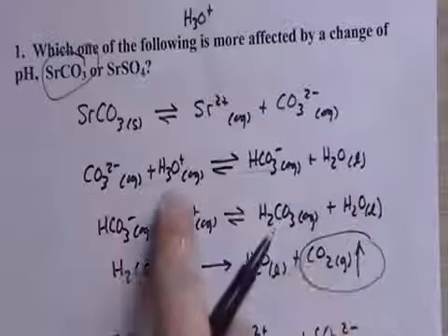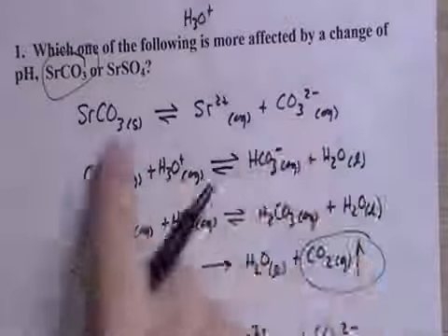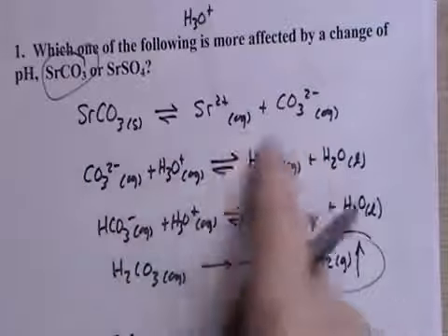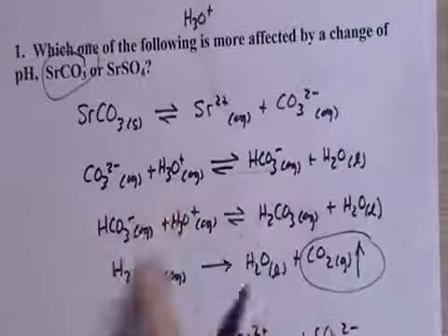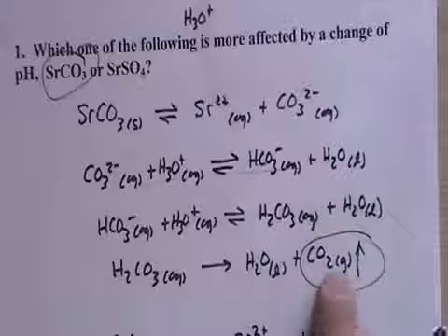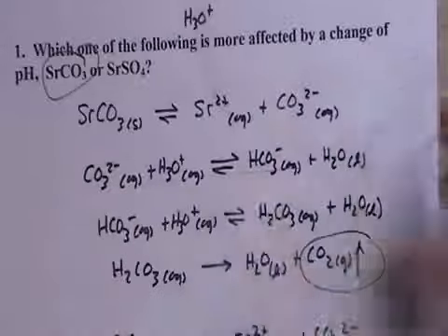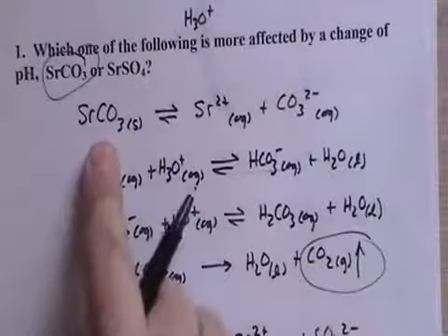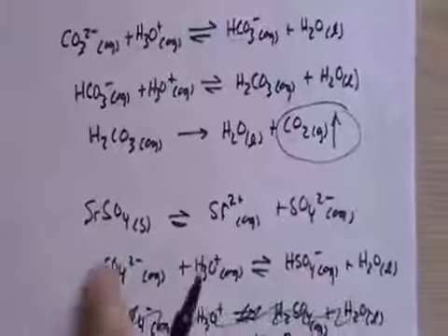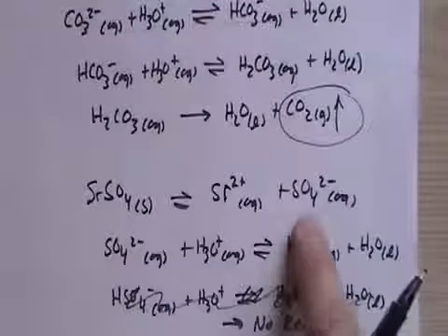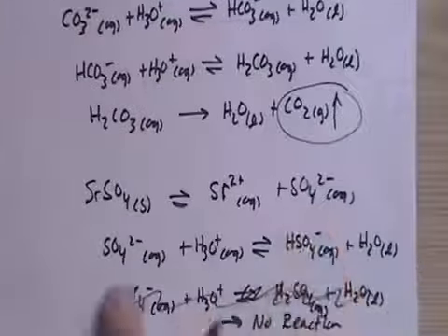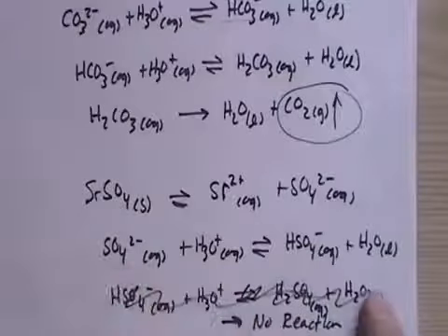And by reacting, that means that we've used up some of it from this equilibrium, so it shifts to the right. And since this carbonate eventually ends up as CO2, the reaction just keeps rolling along until all of this is gone. This one goes forward, and then the sulfate ion reacts a little bit, so it goes a little bit further than it would.